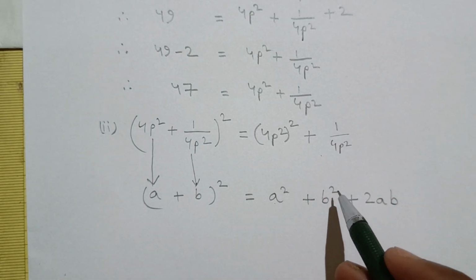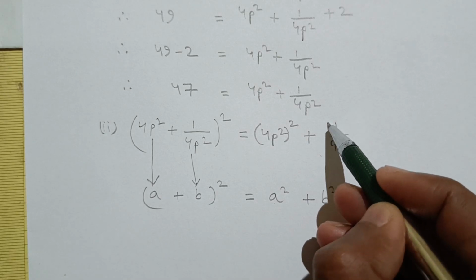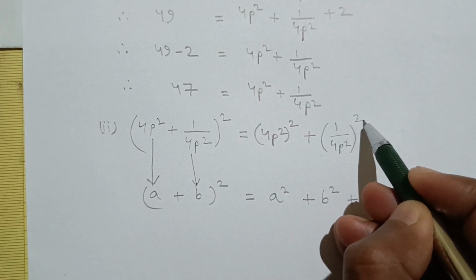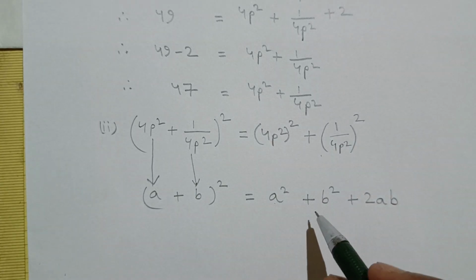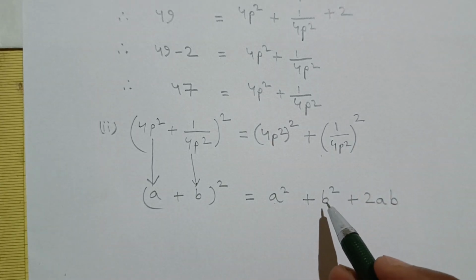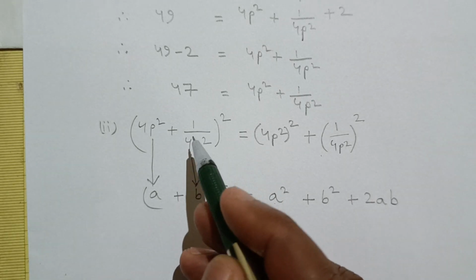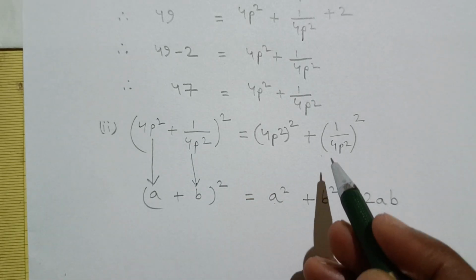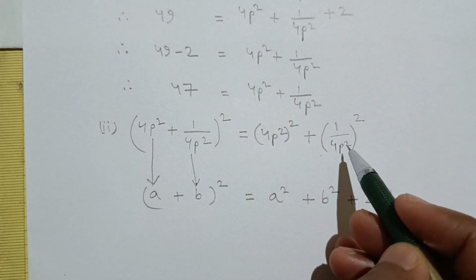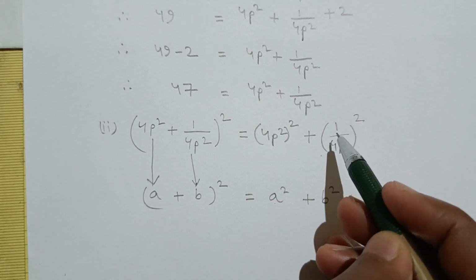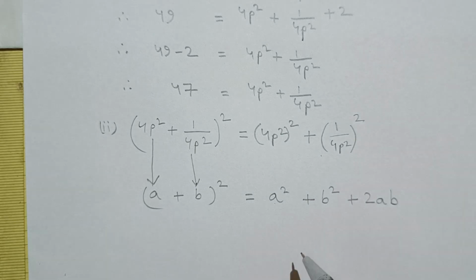Now b is getting squared, so 1 upon 4p square will also get squared. So 1 upon 4p square whole square.